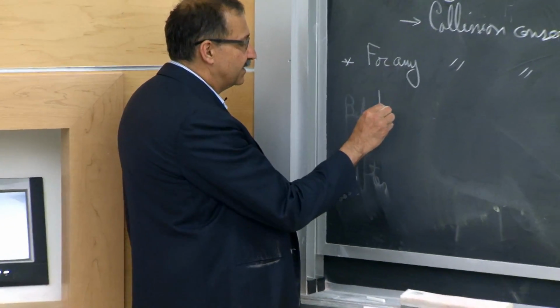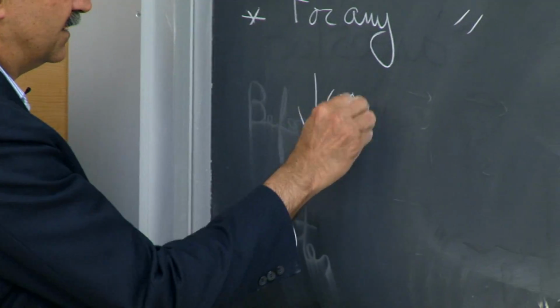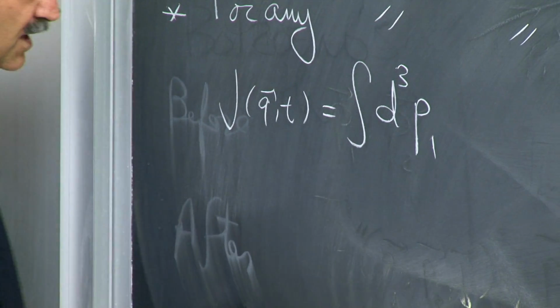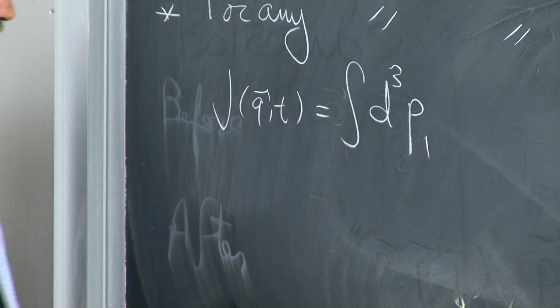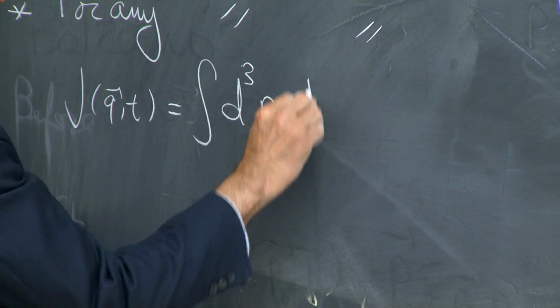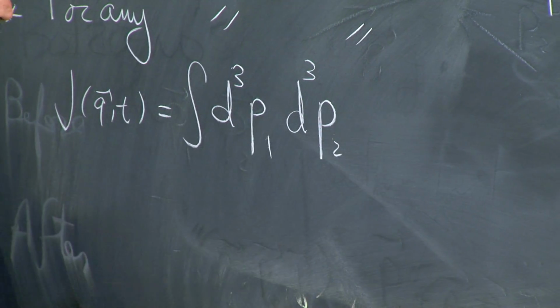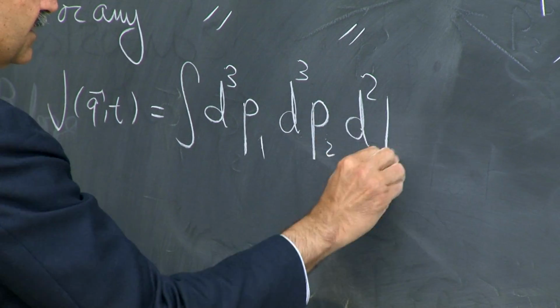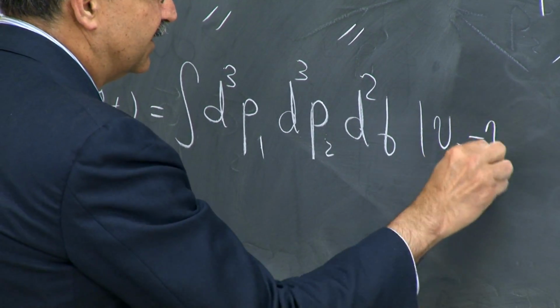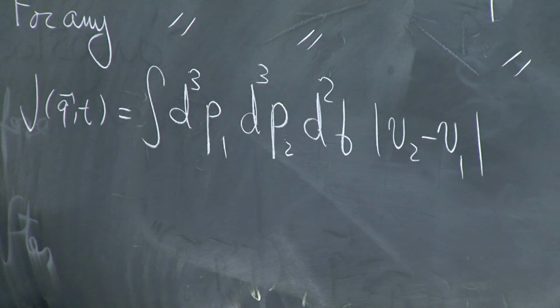So J of Q and T is an integral over some momentum P1. Because of the collision integral, what do I have? I have the integration over momentum. I have the integration over B. I have the relative velocity V2 minus V1.